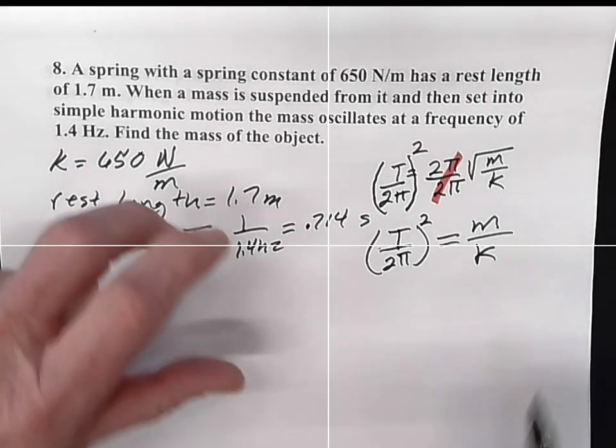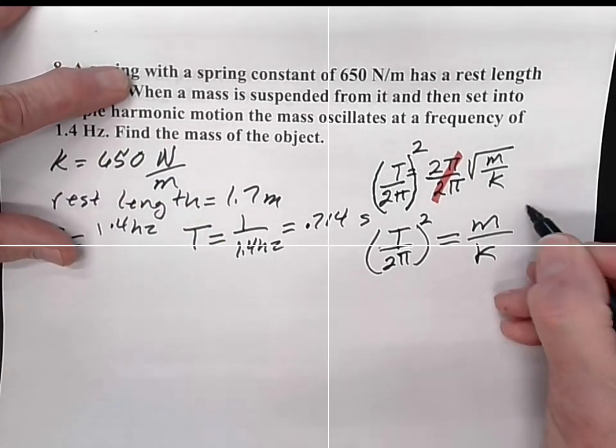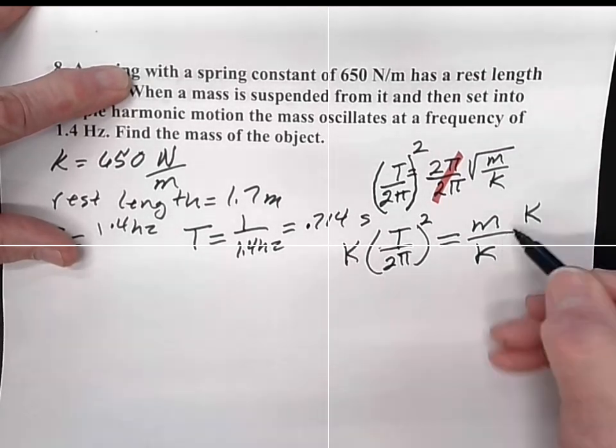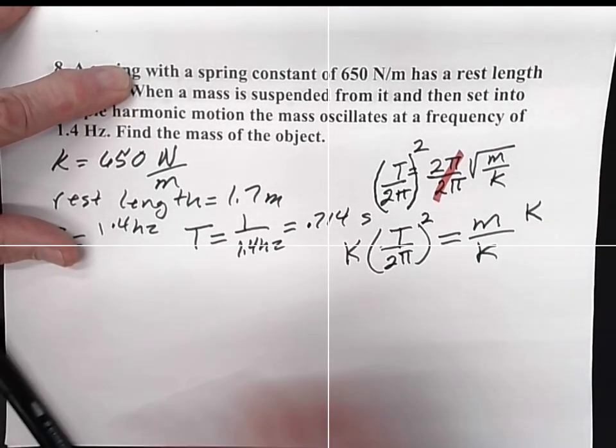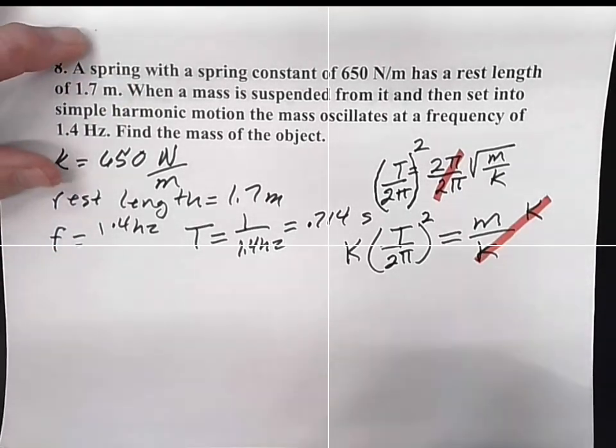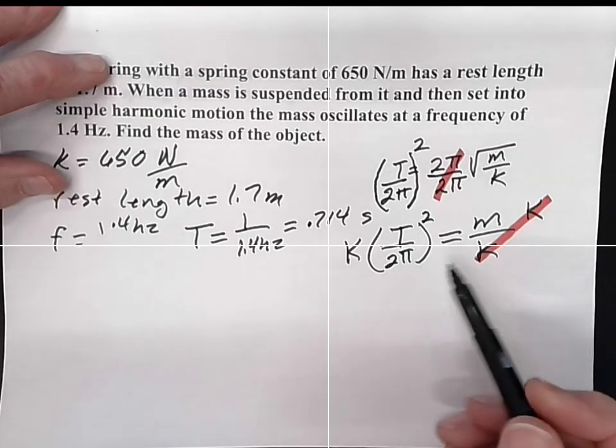We just have one last transformation to do, so we'll write K here and write K over here, and then we can cross these K's out, and then that's going to be the formula that you would use to find this.